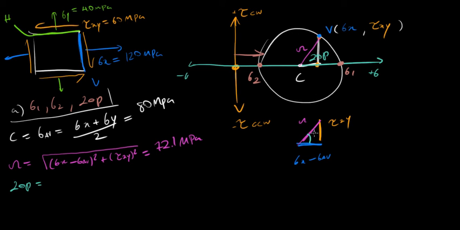This is 2 theta p. 2 theta p is just the arctangent of this and this, right? Because the tangent is opposite over adjacent.